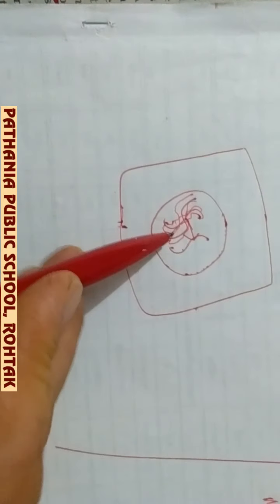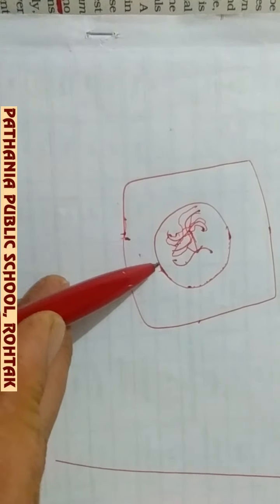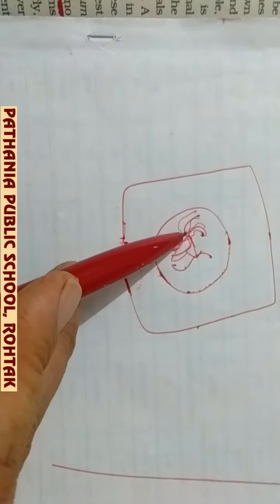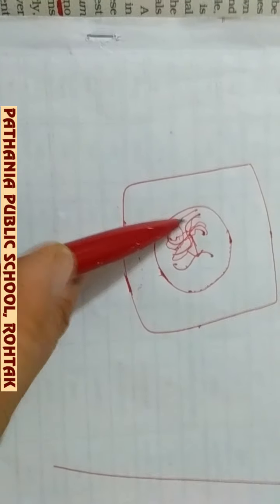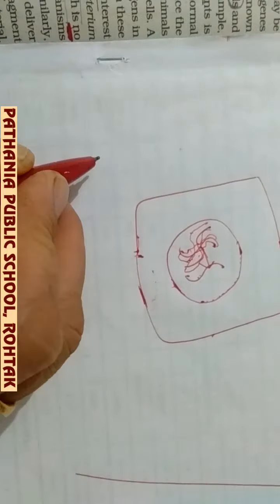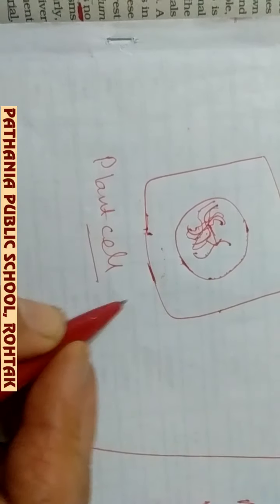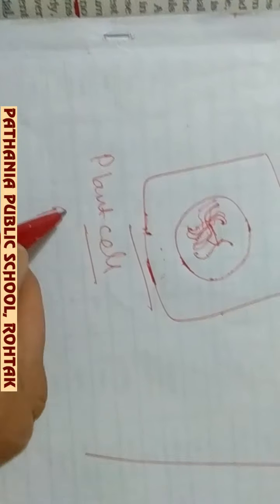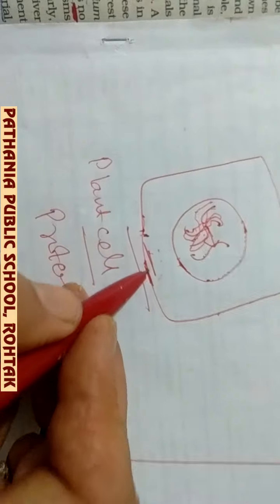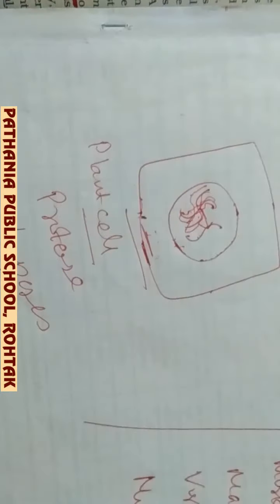So to isolate this DNA from this nucleus, first of all we have to dissolve the nuclear membrane, we have to dissolve the cell membrane, we have to separate the DNA from the protein, and we have to separate the DNA from RNA. For that there are various enzymes. If it is a plant cell, then cellulases will be used to dissolve the cell wall, and then proteases will be used to dissolve the protein membrane. Even lipases can be used to dissolve the lipid wall also.